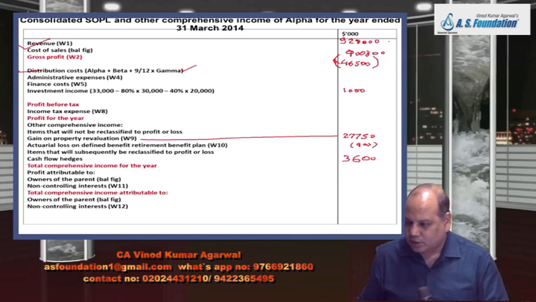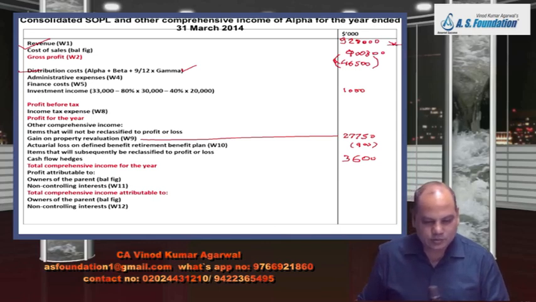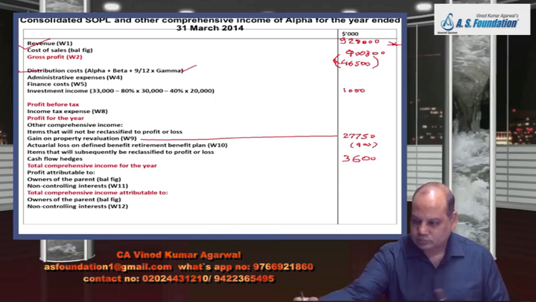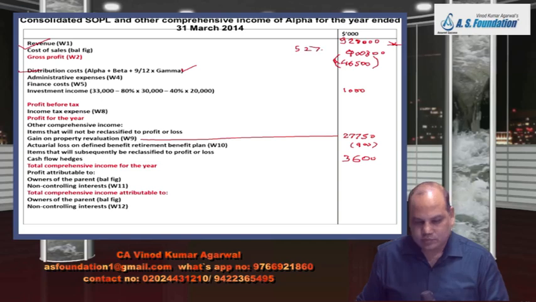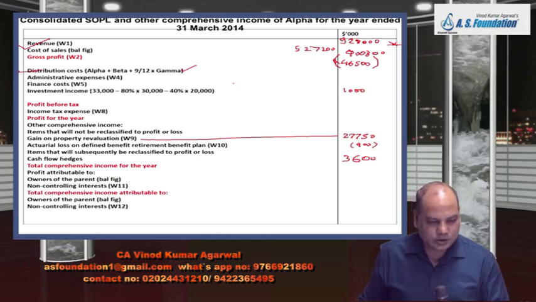And then you write down the balancing figure COS. How much is COS? 527,200. Right here, 527,200 in the column.